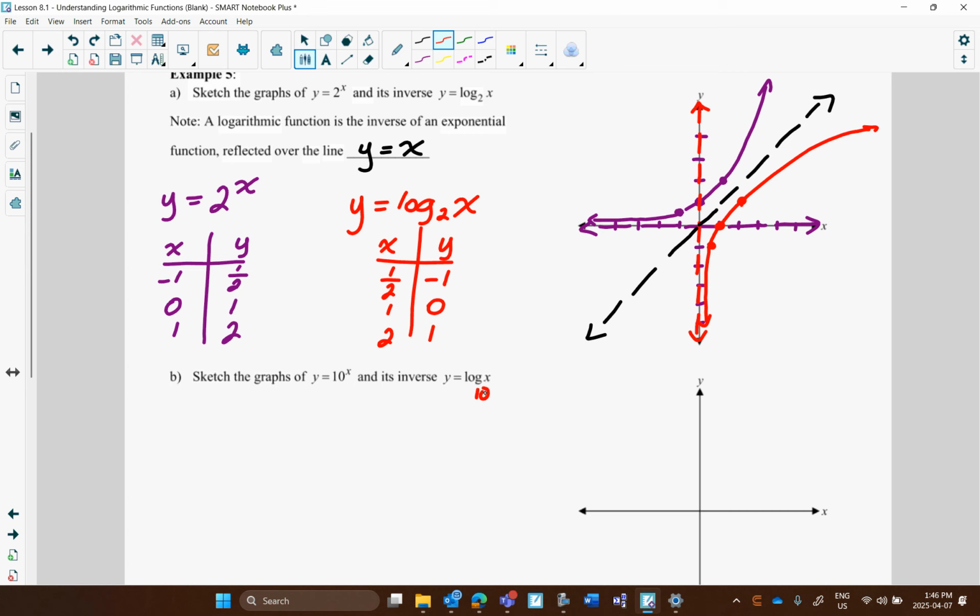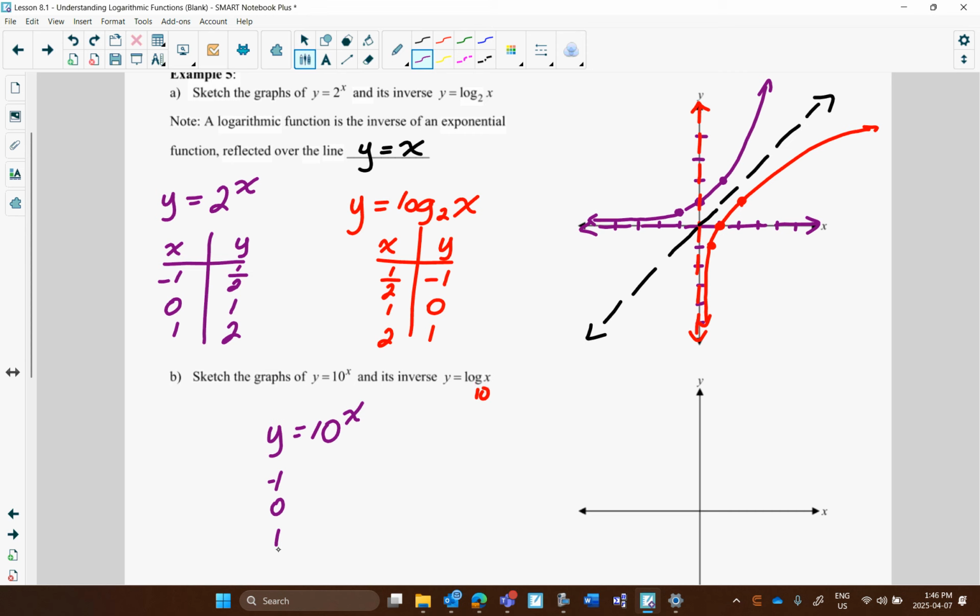So I'm going to see what y equals 10 to the x looks like. And what are the 3 points? -1, 0, 1.